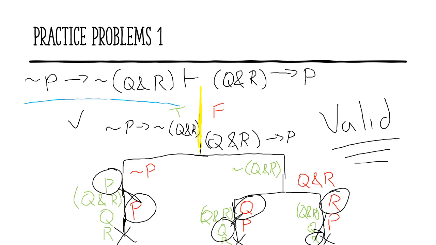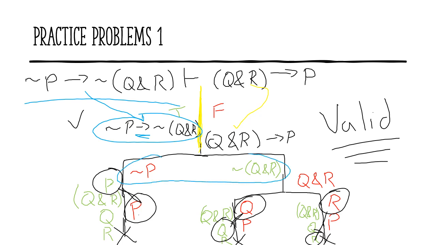So the first thing we did was we took the premise and put it on the left side. We took the conclusion and put it on the right side. We started with our premise and looked at the main operator, which was our arrow. We used our arrow rules here to write those two.